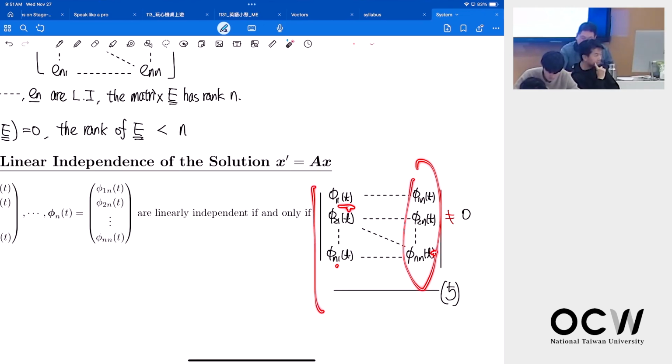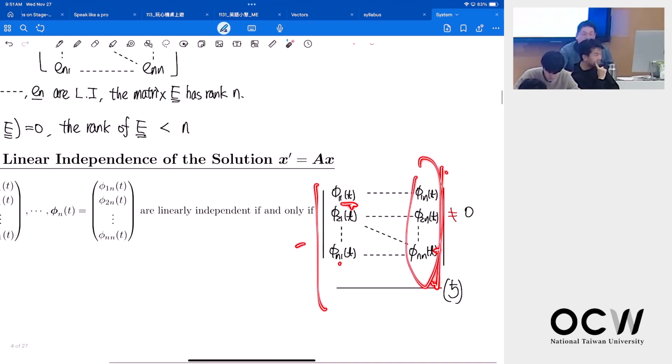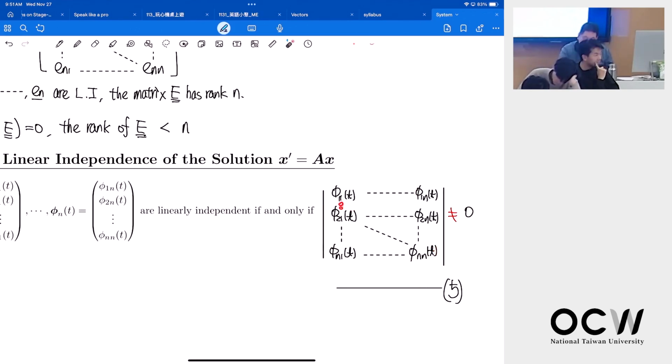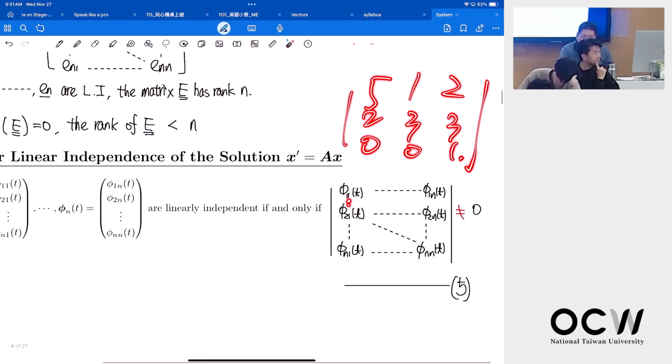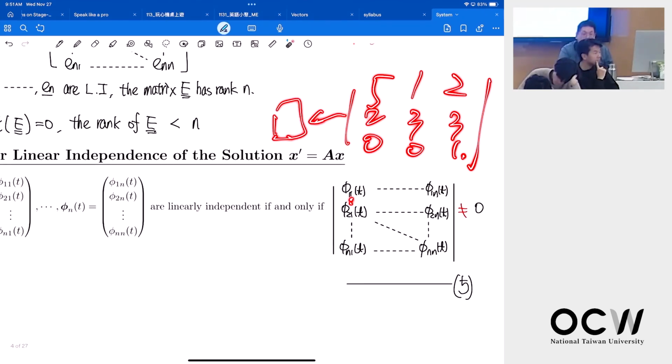What's the result of this determinant? If this is a function, it is not a number now. If it's a number, easy, right? You can find a number. But now it's a function of time.